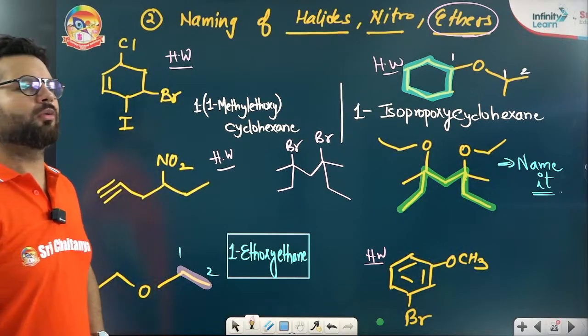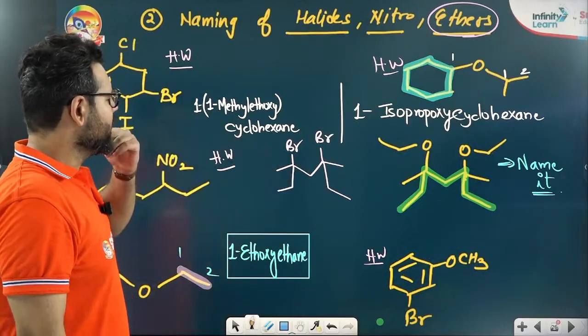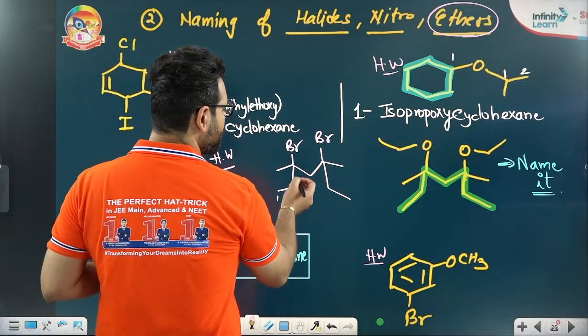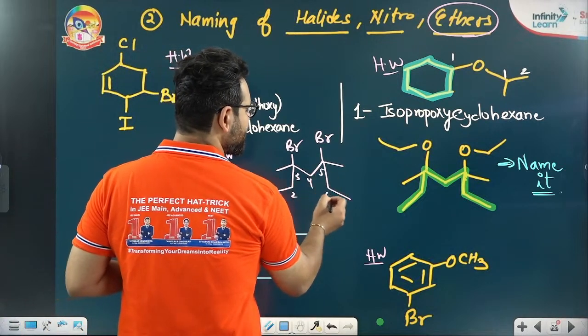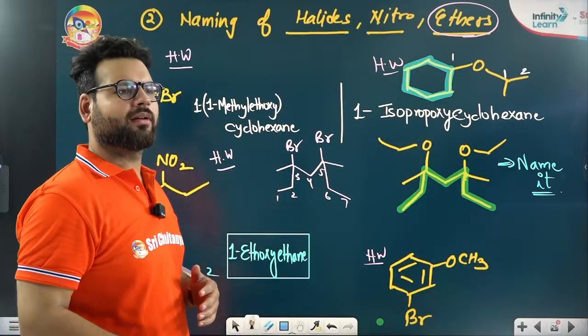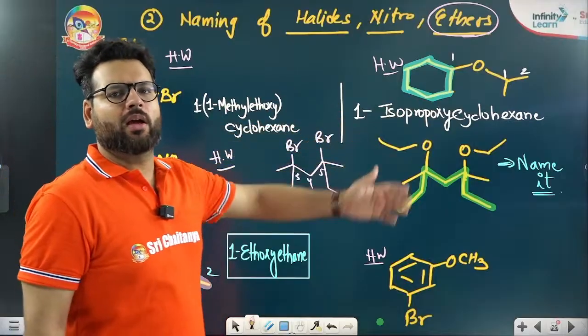Or you will not be able to do this? You can do this easily. You will say, just the longest chain I have to choose. You will go like this, 1, 2, 3, 4, 5, 6, 7, heptane, 3,5-dibromo, 3,5-dimethyl heptane. This is also the same only.